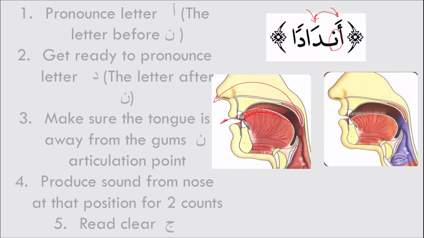Noon and dal, the sound comes from mouth and nose together, and not nose only and not mouth only, because I hear some sisters do it without nasal sound, and that is impossible because it's an ikhfa letter. It means that it's noon with the ghunna, and the next letter is dal, so I need to make it properly like that. Or some sisters do it without allowing the sound to come from the mouth. They do it anda or anda. Both are wrong.